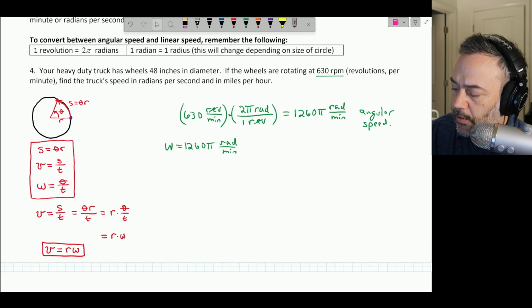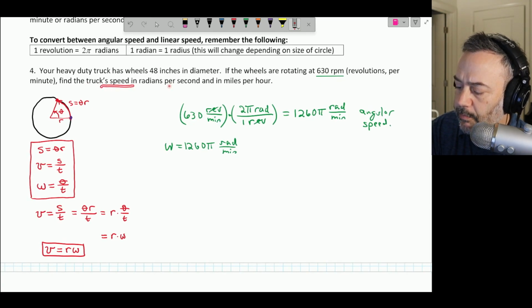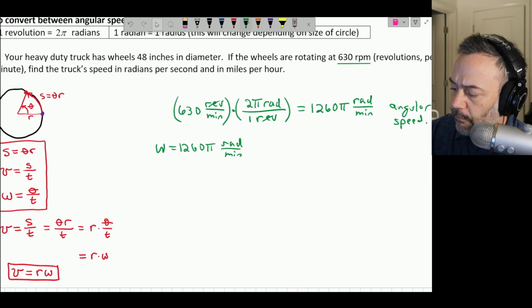And the question said, find the truck's speed in radians per second. So I just need to convert minutes to seconds. So I'll just multiply this by 1 minute per 60 seconds. And with a little unit conversion, I get the minutes to cancel.